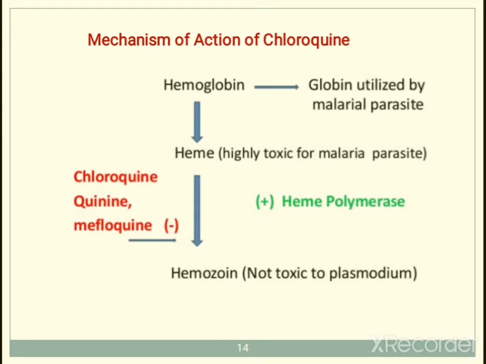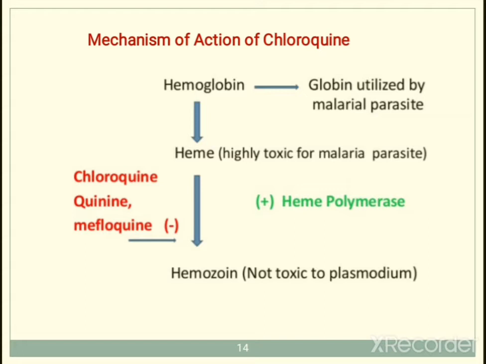Now next is the mechanism of action of chloroquine or the 4-aminoquinoline derivatives. Basically what will happen? The malaria parasites are injected into the host and reach the blood circulation.